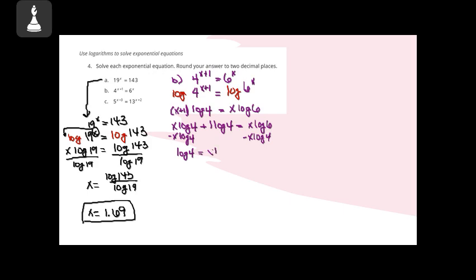Now, what I can do is factor out the x because it's a GCF. So I'm going to take the x out of both of these pieces. Log 6 minus log 4 is what's left. And then to get x by itself, I can divide by log 6 minus log 4.